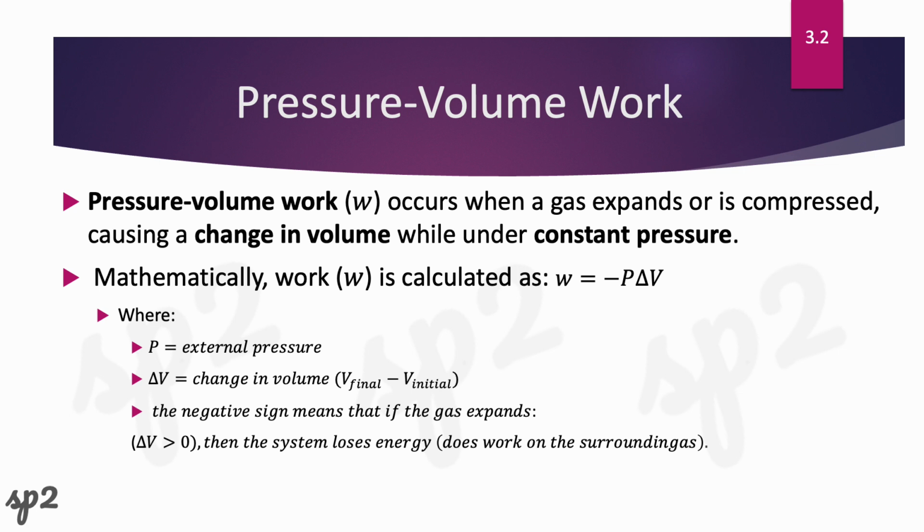Then the system is going to lose energy, so that means it does work on the surroundings, and that's why I need this negative sign. If you're having trouble understanding this positive negative sign for W, please look back to the previous lecture. I talked about all of that in my previous lecture.